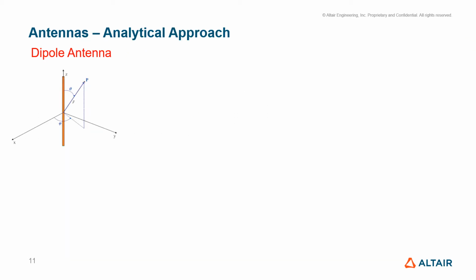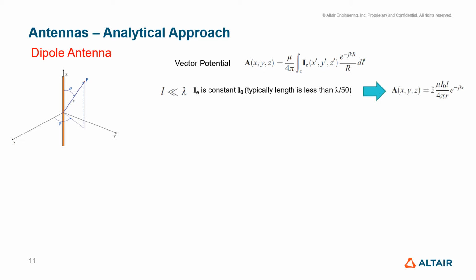Let's take an example of a simple dipole like the one I'm showing here. Vector potential can be obtained by taking the line current, that is the current along the length of the dipole, and the free space Green's function, which is e to the power minus jkr by r. So if the length is very small in terms of wavelength, we're talking about less than lambda by 50, this is a very simple equation because I is constant because of the very small size of the segment, or the length of the dipole.